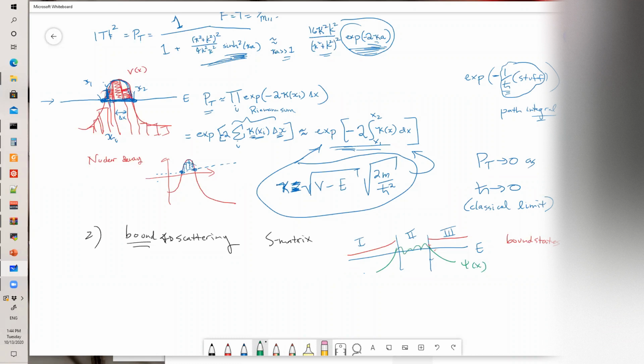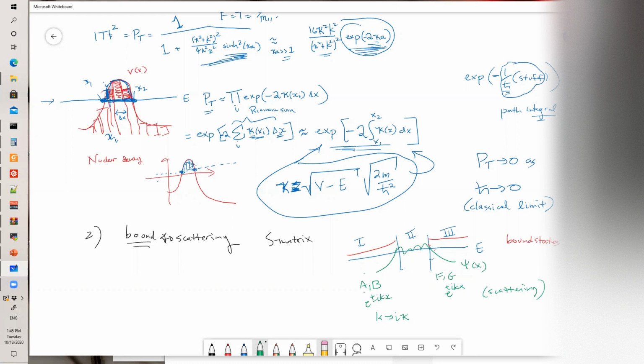If you think about what that means in terms of the fundamental solutions, remember we had A and B here and F and G out here. These were associated with plus or minus ikx for scattering. But for bound states, all that happens is your k gets replaced with i kappa.